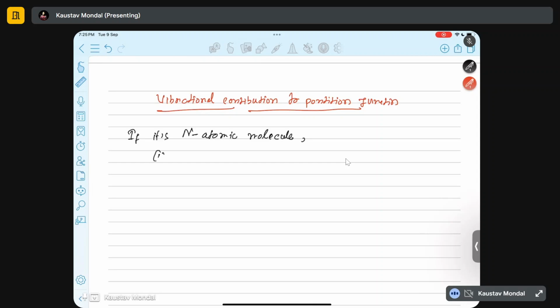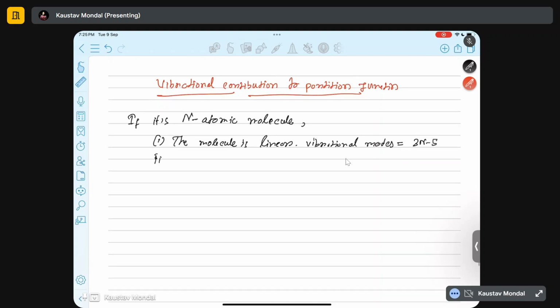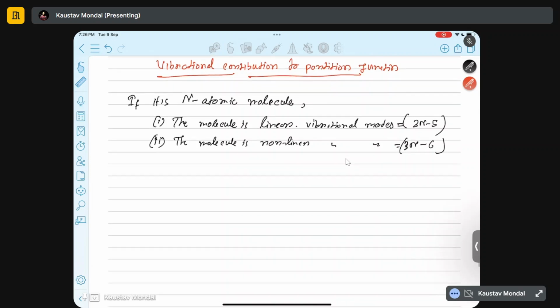If the first case is that the molecule is linear, in that case the vibrational modes are equal to 3n minus 5. Second case, if the molecule is non-linear, then the vibrational modes would be 3n minus 6. Okay.